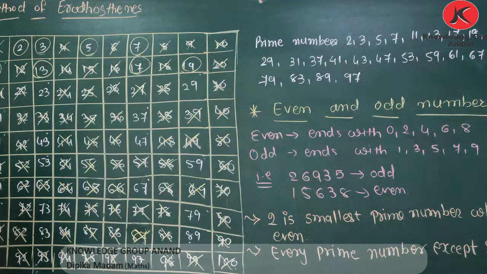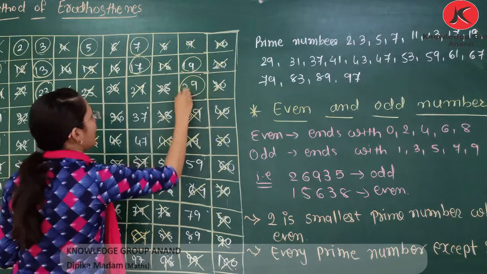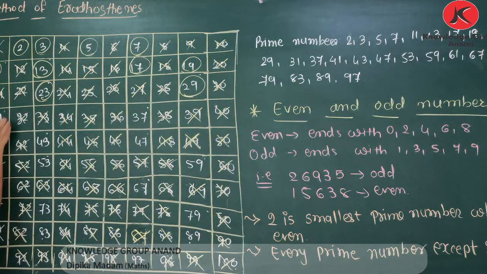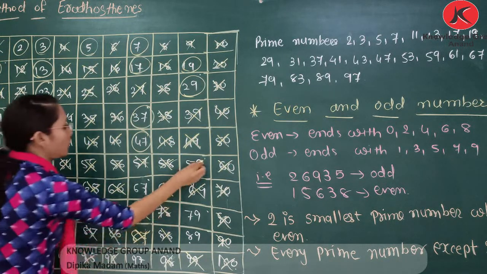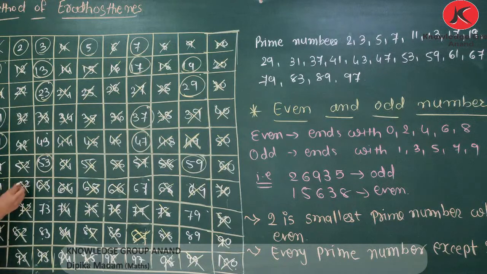All multiples of 19 are done. 23 is remaining. 29 is remaining. 31, 37, 41, 47, 53, 59, then 61, 67, 71, 73, 79, 83, 89, 91. 91 is a multiple of 13, so we cancel it. 97 is there only in the row of 90.